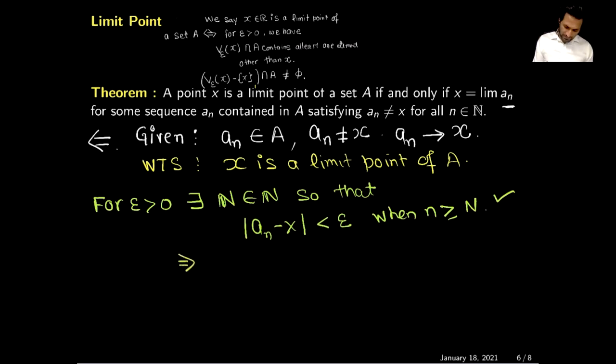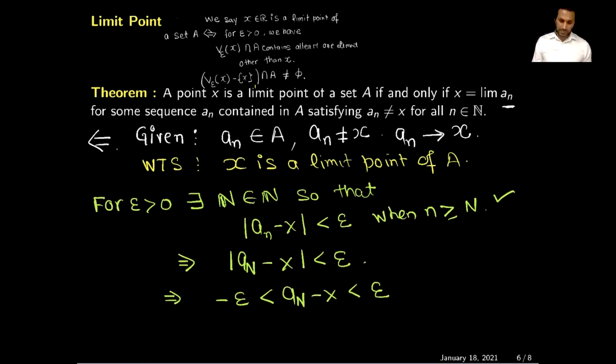Or in other words, |a_N minus x| is also less than epsilon, and this implies minus epsilon less than a_N minus x less than epsilon, and this implies minus epsilon plus x less than a_N less than epsilon plus x.